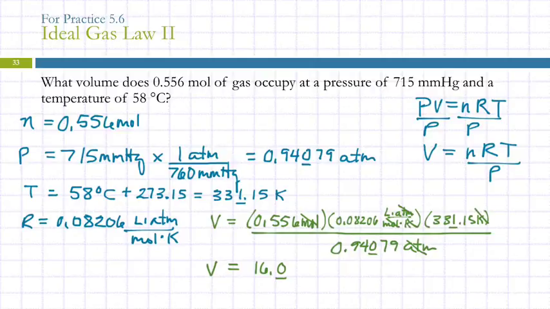Write down 2 more. I'm going to write down 3 more because I don't feel like rounding all that up. It's 597, and that would round to 60, but I just don't feel like doing it. Whoops. Why am I writing atmospheres? What's the unit? Liters. Okay, so now I'm going to round. It's going to be 16.1 liters.